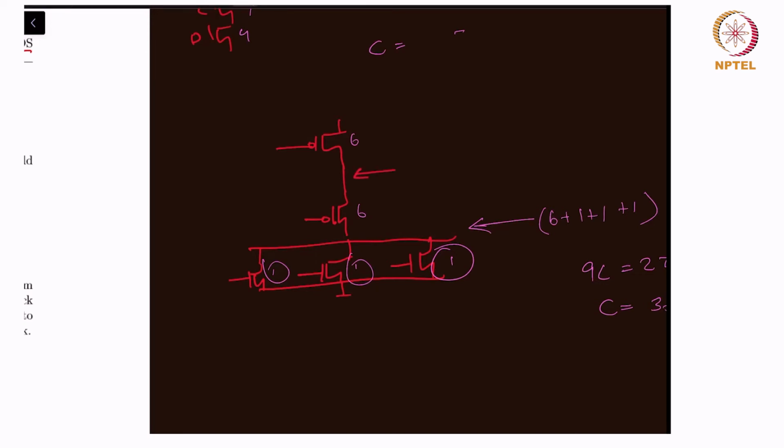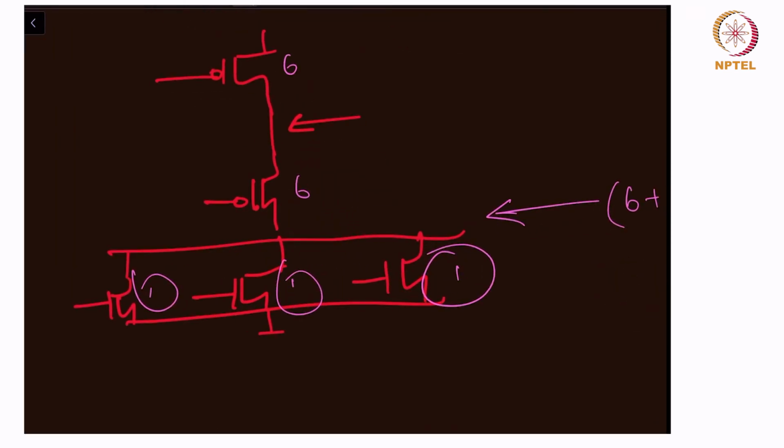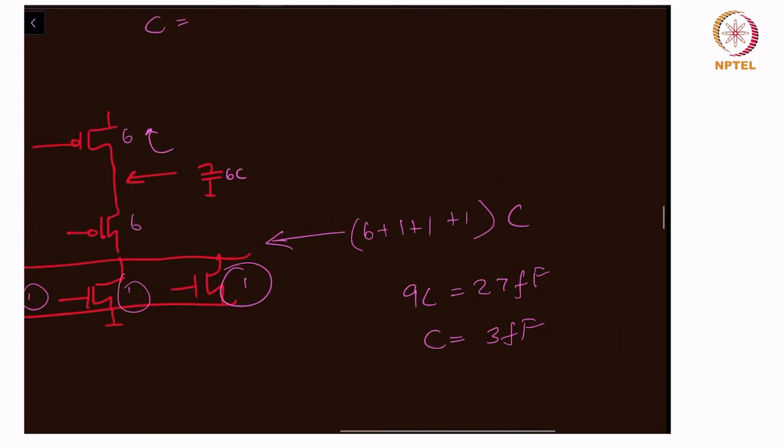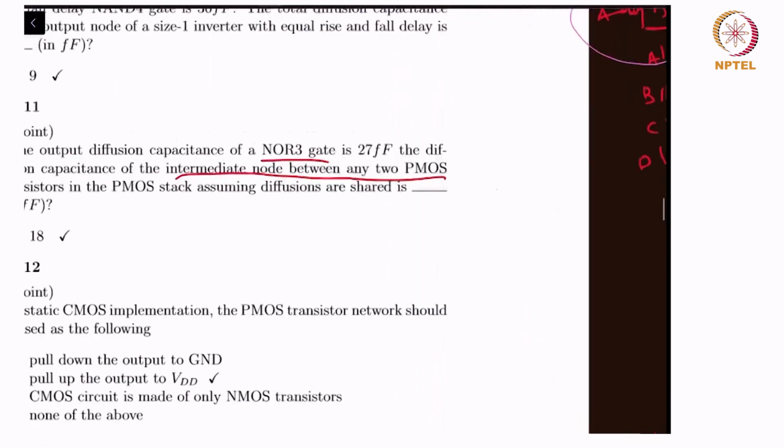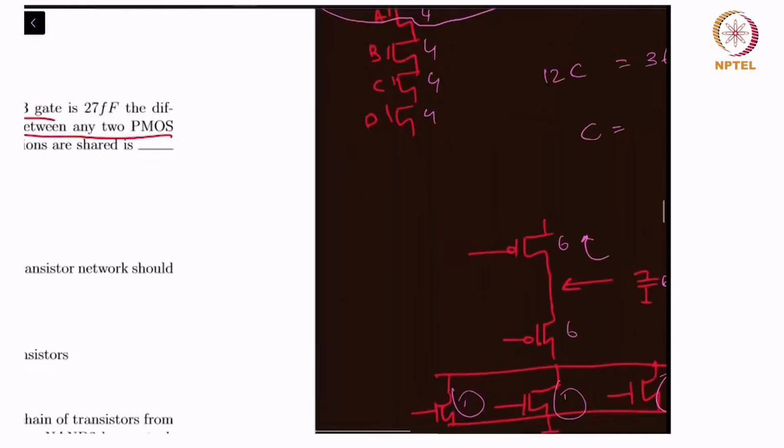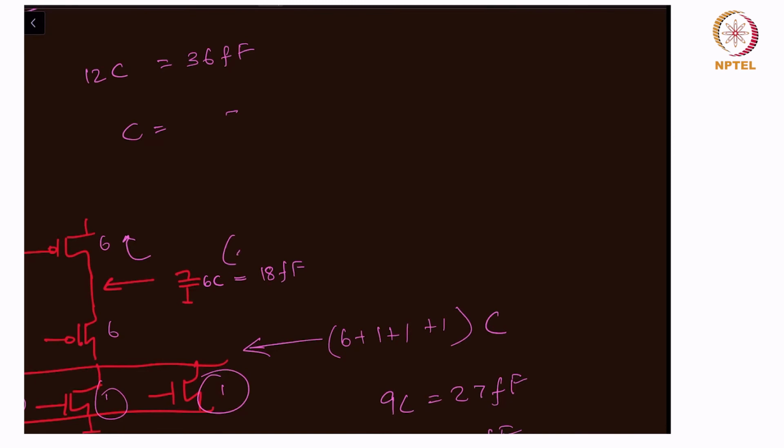If you remember in class, sir would have said that if there are two nodes and they are the only two nodes that are sharing that, then you can actually share the diffusions. It can become a single diffusion, and so therefore you get only a single diffusion cap. You get the diffusion cap only worth one of these guys. So that will be 6C, right? C is 3 femtofarad, so this is 18 femtofarad, and that is the answer because of shared diffusion.